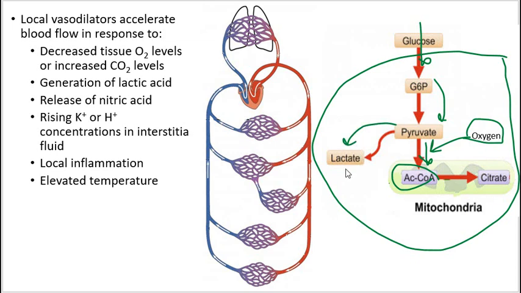If you have too much lactic acid in the body, that's an indication that I don't have enough oxygen. If I had enough oxygen, pyruvate would have entered the mitochondria and become acetyl coenzyme A. Because I don't have enough oxygen, pyruvate had no choice but to become lactic acid. So send me fresh oxygen.